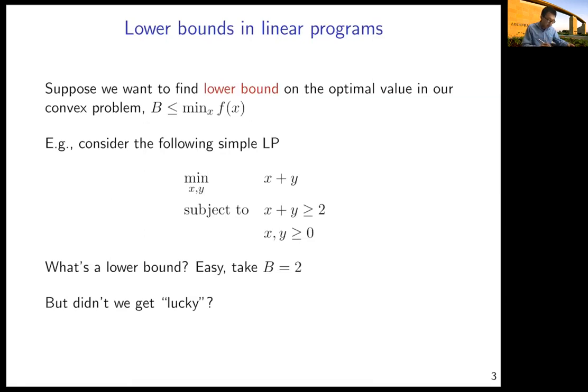For this problem, the question is, can we somehow construct a lower bound of the optimization problem? Can we actually just solve this optimization problem by just inspecting it? Clearly, the answer is yes, because this objective function value is the same as a lower bound that we already applied here.